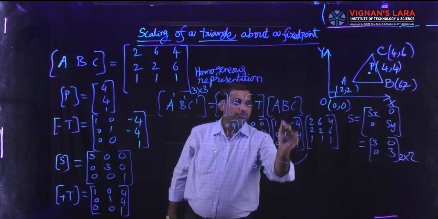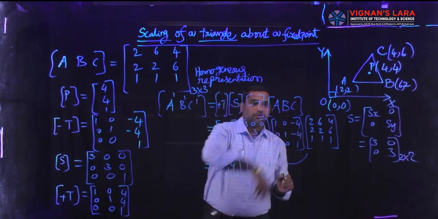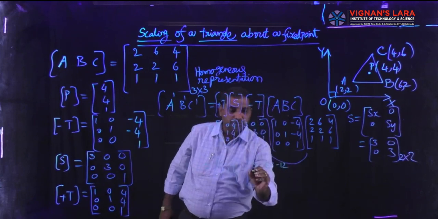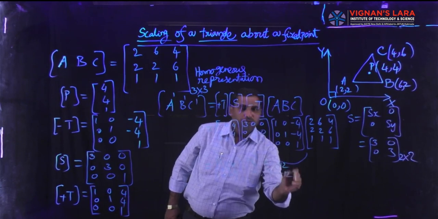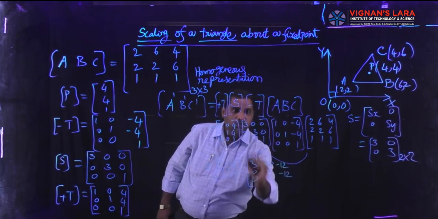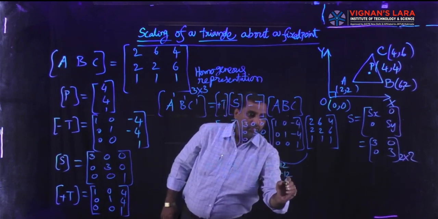Next multiply this one, minus 12. 0 0 minus 12, and like that we get minus 12 here. Next multiply this one, 0. Next 3. After multiplication you will get minus 12. Next multiply with this one and this one, 0, and finally you will get 1 here.